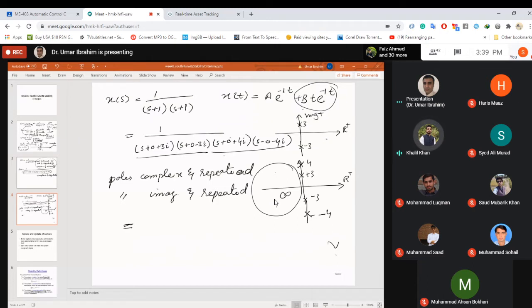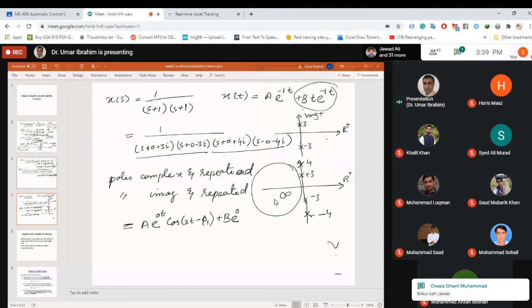Because the poles are not repeated. So the response will be equal to a e raised to the power 0t cos(3t minus phi 1) plus b e raised to the power 0t cos(4t minus phi 2). There is no t term here because they are not repeating.